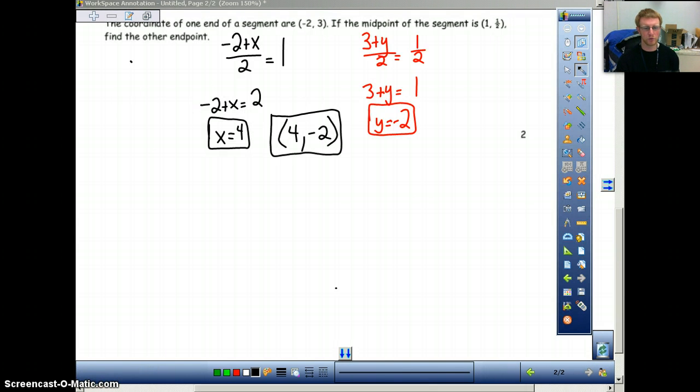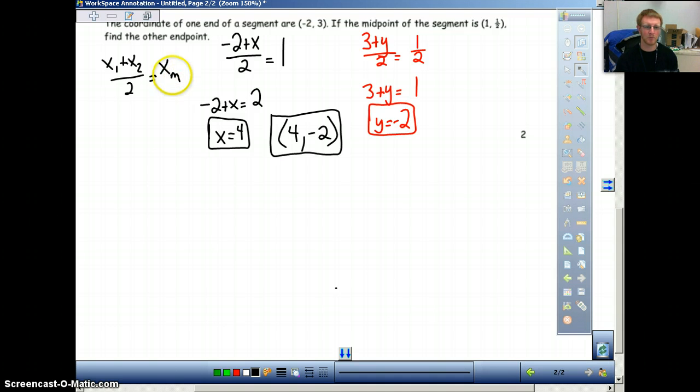Okay, so hopefully you thought through this. All we're doing is using the midpoint formula. The difference is we have our x1, but we don't know what our x2 is, so that's our unknown. We do know what our midpoint value is. It's 1; they give it to us. So we're looking at x1 plus x2 over 2 equals, and we can call this x sub m for the midpoint.